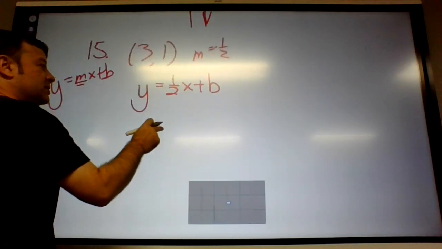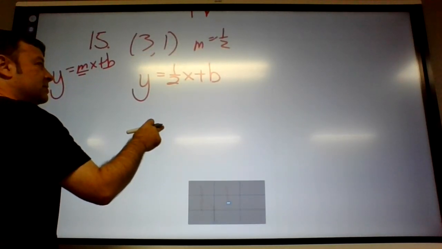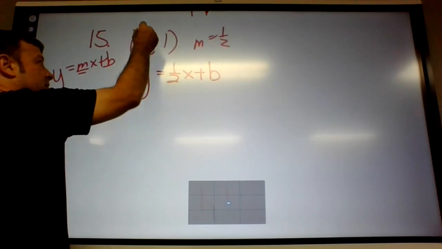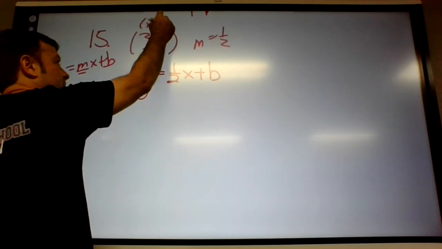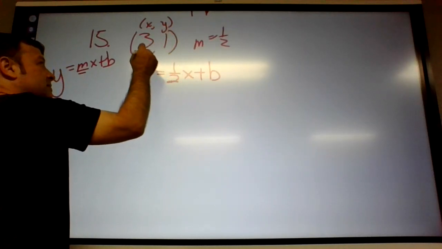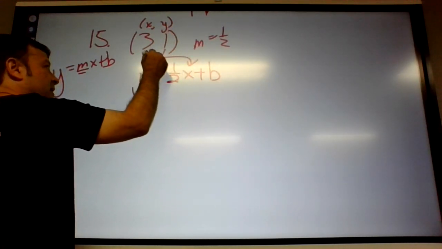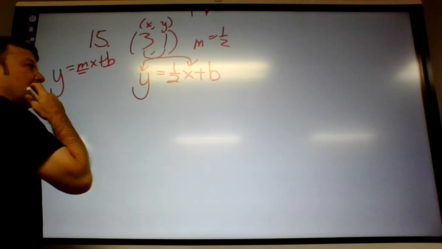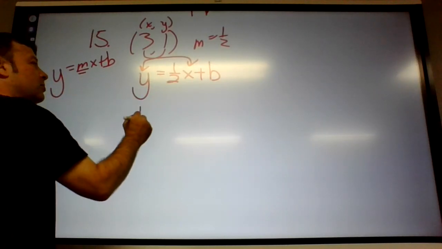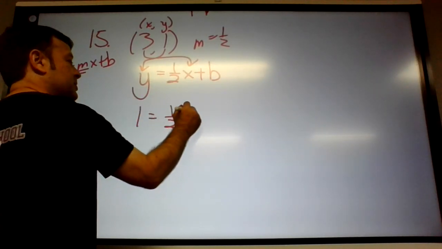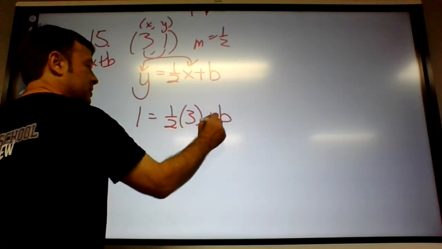Where do 3 and 1 go? You put 3 in for x and 1 in for y. So that goes for x and that goes for y. So 1 equals 1/2 times 3 plus b.